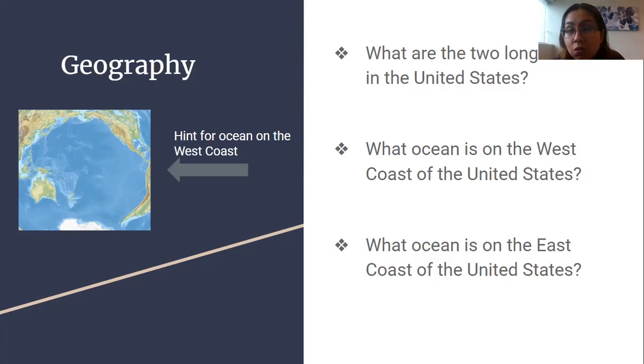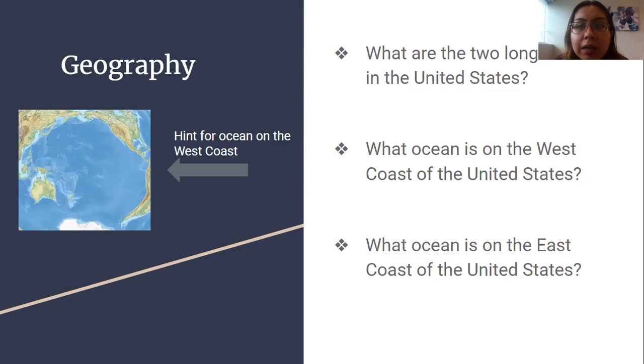And so this question is asking what ocean is on the west coast. So if you live along, let's say, Oregon, and you go to the coast or the beach, what ocean are you seeing? And there's a picture right there where you could see hints for the ocean on the west coast.